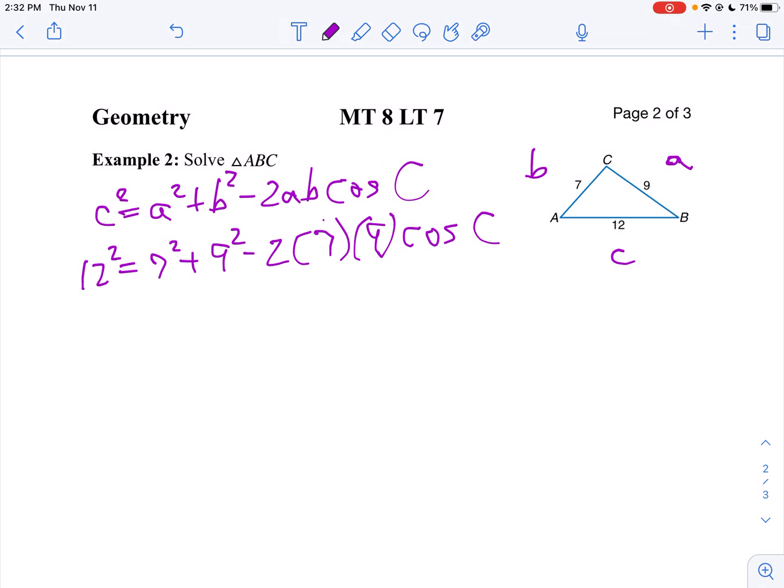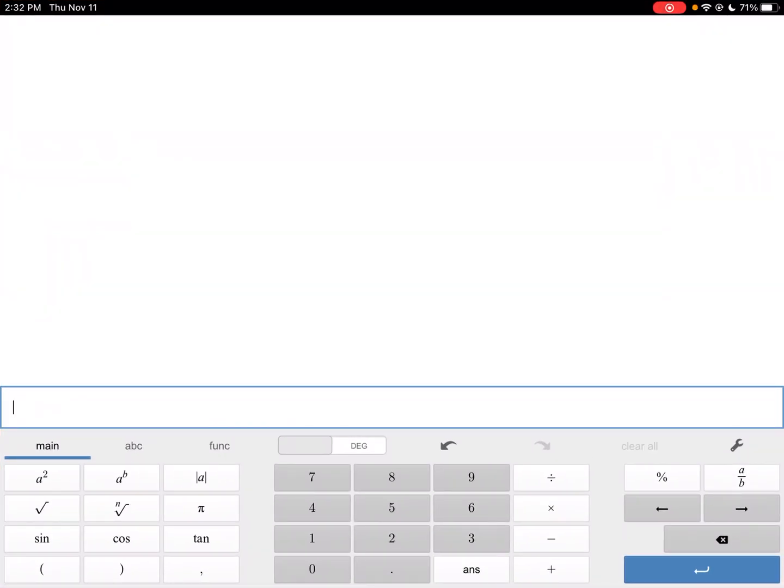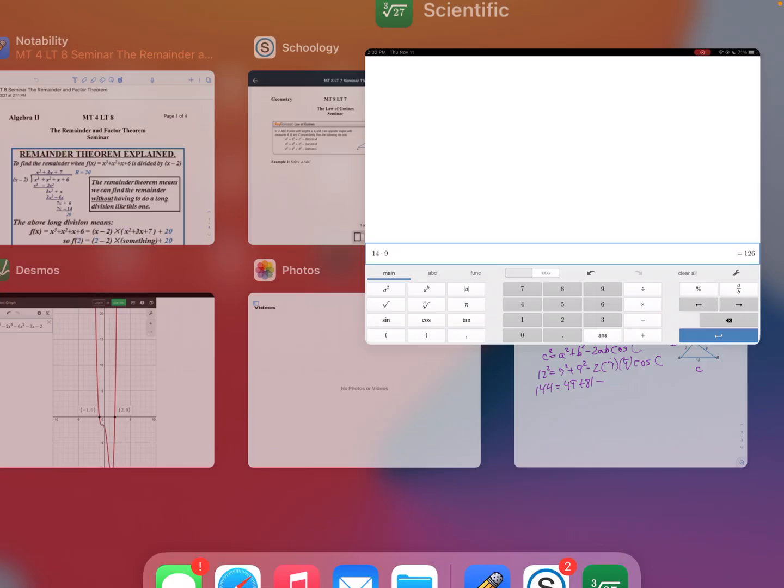So let's do a little simplifying. So we get 144 equals 49 plus 81 minus 2 times 7 times 9. So that's 14 times 9. I'll use a calculator for 14 times 9. And you get 126.